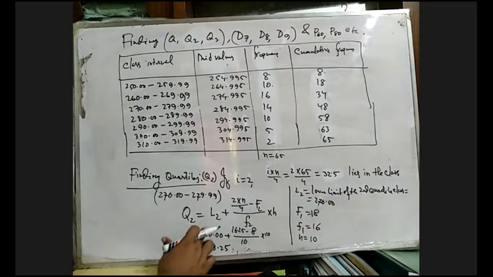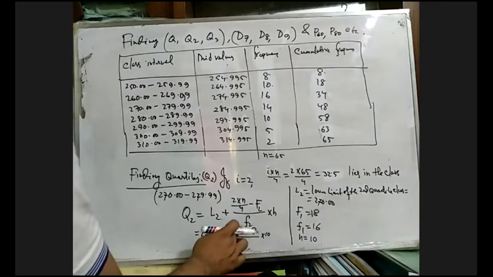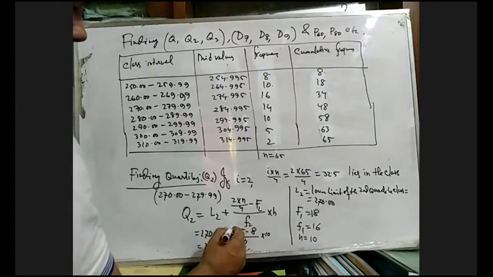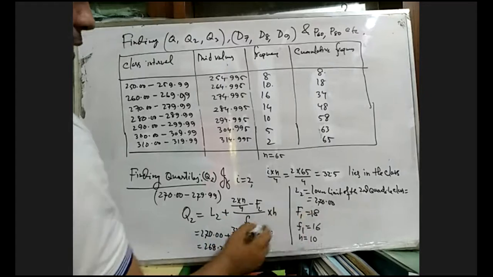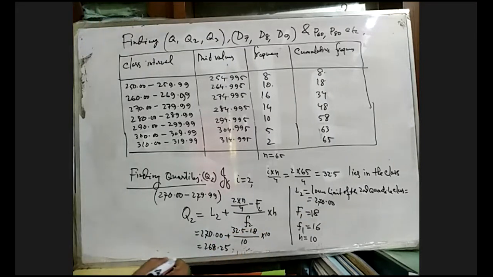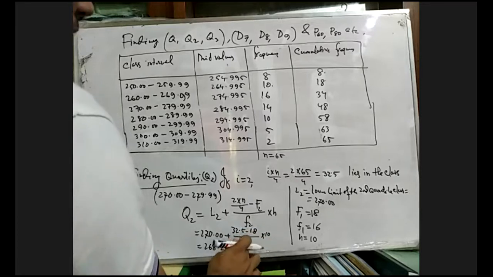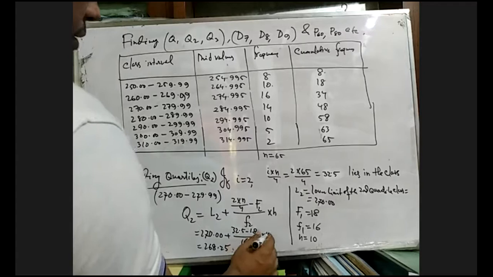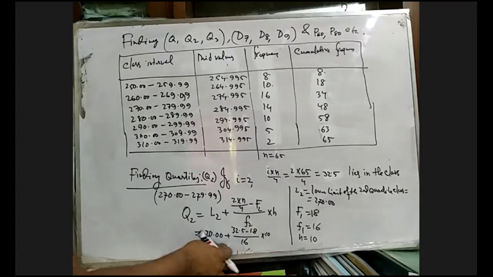So we put 270, then 32.5, minus 18, divided by 16. After calculation, we get the second quartile.